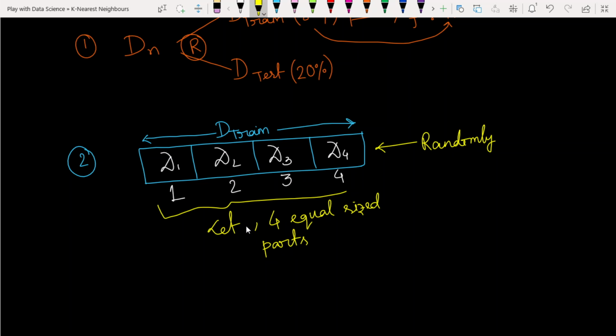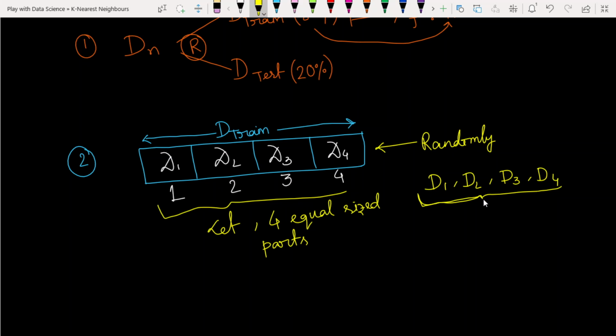We may do this for 5, for 6, or for 10 equal sized parts, but for simplicity of calculation, let's take 4 equal chunks, done randomly, such that D1, D2, D3, and D4 are each equal sized.